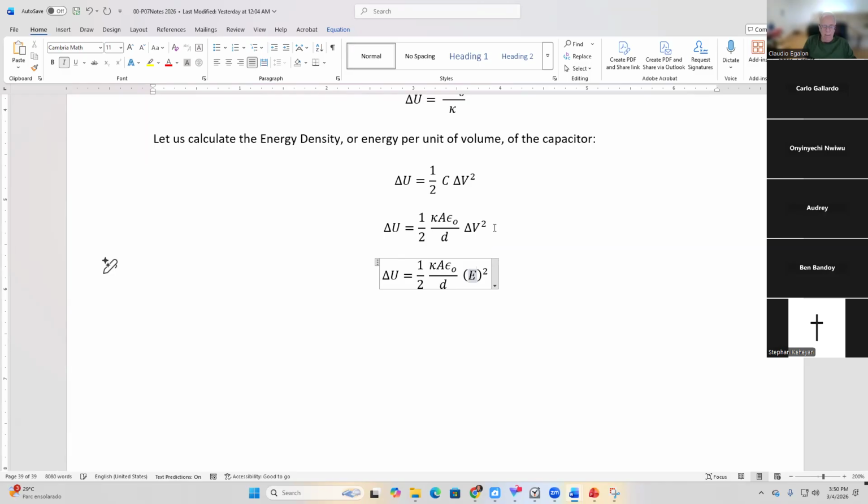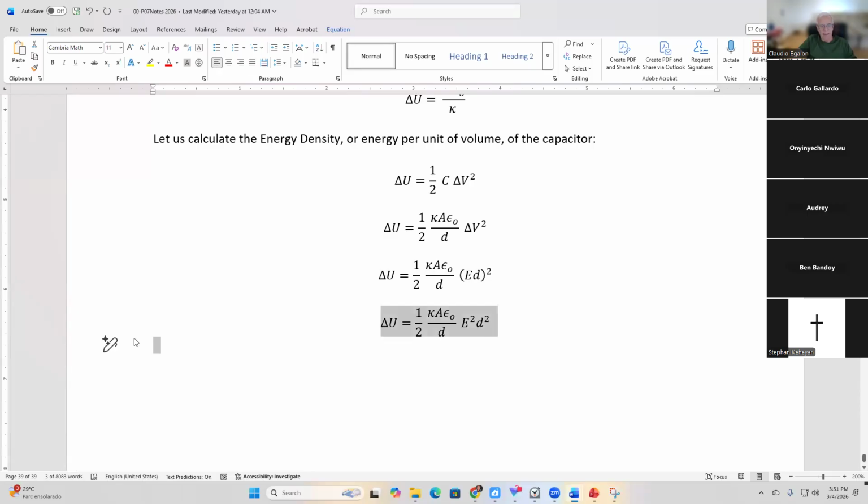The equation that involves the electric field is E times D, E times the separation between the plates. We expand this equation, E squared, D squared. Here you go. Now we can do some simplifications. D squared cancels with D.